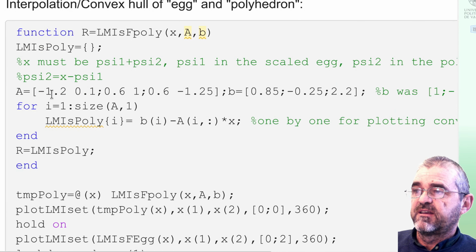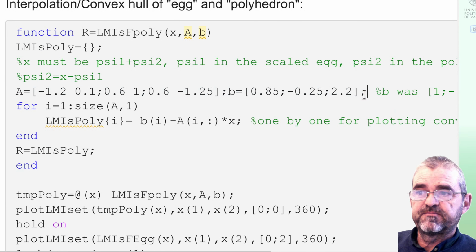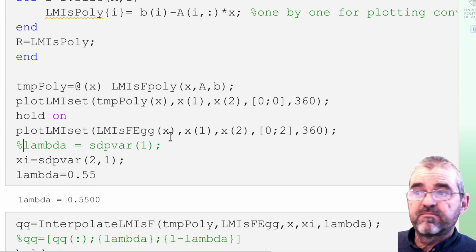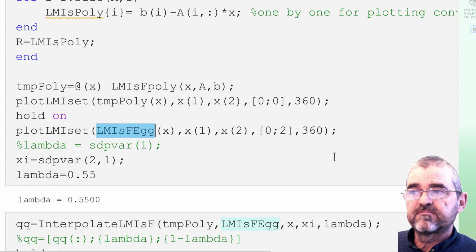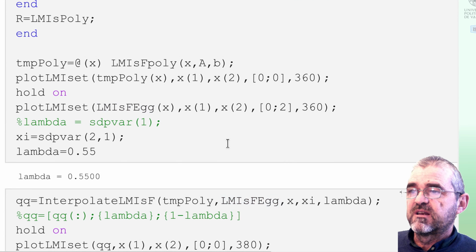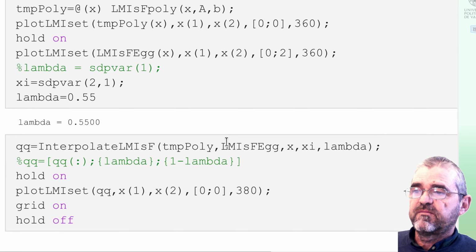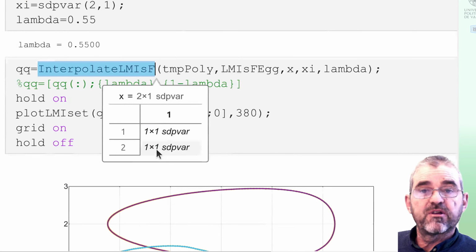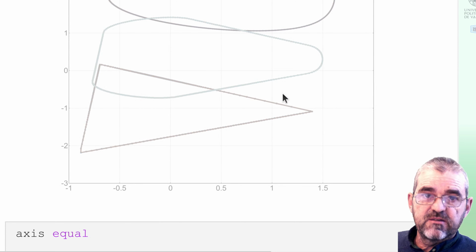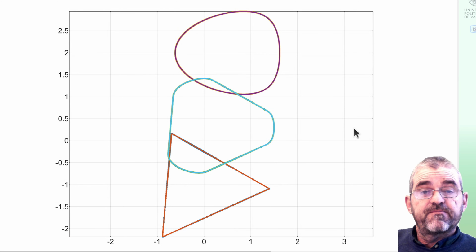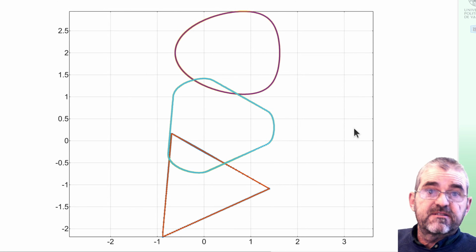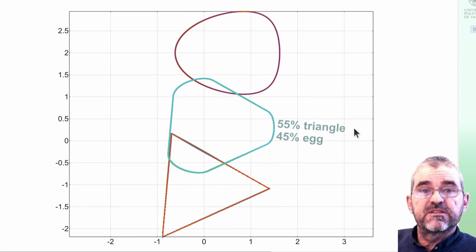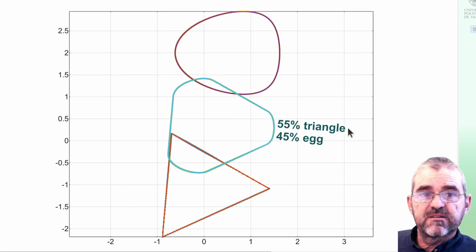So if I define some triangle, and the egg we were using in prior plots, well, for lambda equal 0.55, if I build the interpolation LMIs and I plot them, let me put axis equal, then I get that the egg is on top, the triangle is at the bottom, and the 55% triangle, 45% egg is the cyan one.